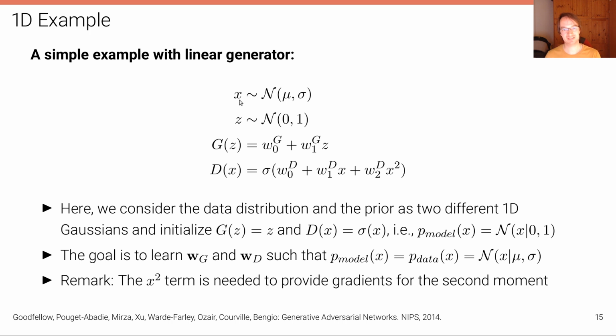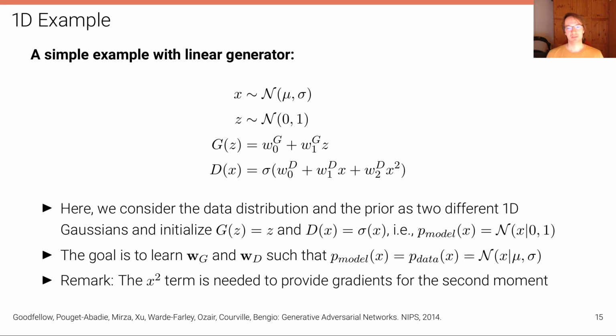So the data points x, in this case one-dimensional, come from a one-dimensional Gaussian distribution with mean mu and standard deviation sigma. Now let's assume we have a standard normal Gaussian prior on the one-dimensional latent space c. So c is sampled from a Gaussian distribution with mean 0 and standard deviation 1.